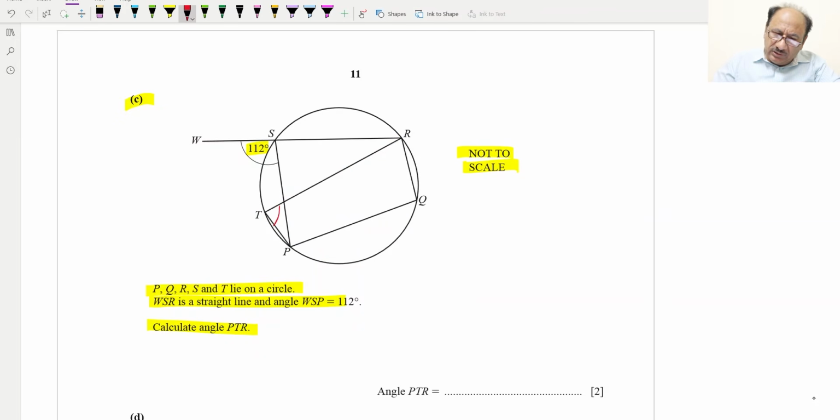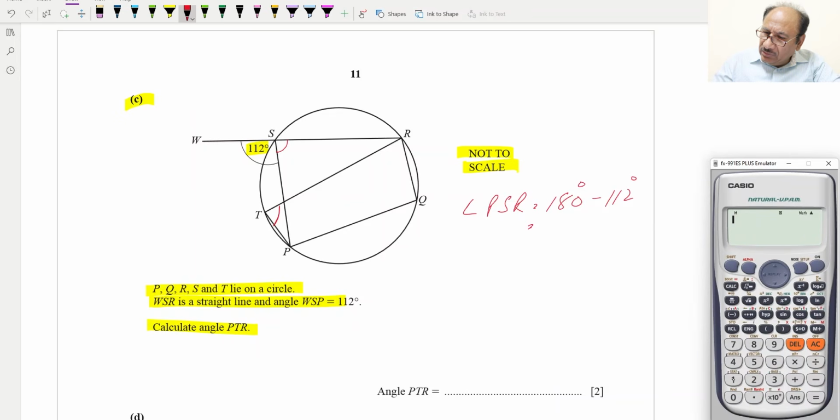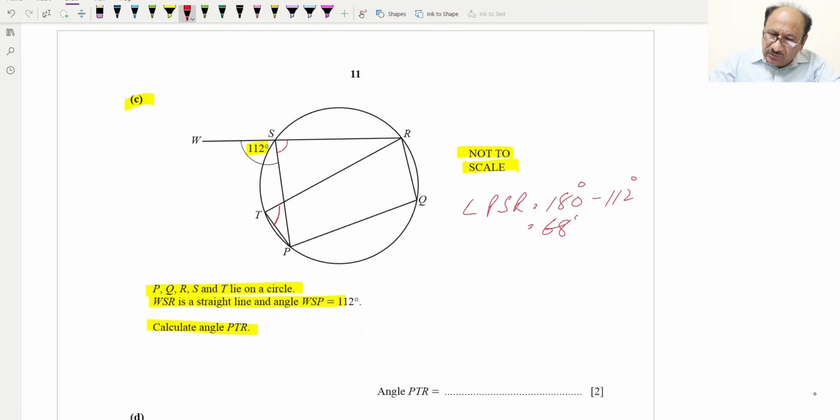Now angle PTR, how will we calculate it? First of all, we will calculate this angle, which is 180 minus. I'm showing working for you. Angle PSR will be equal to 180 minus 112, which is equal to 68 degrees.